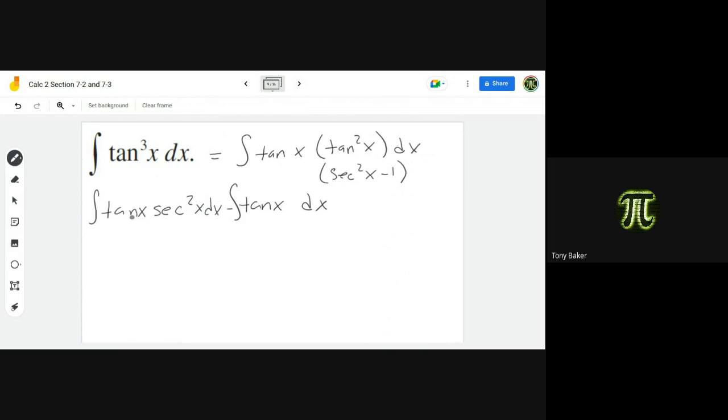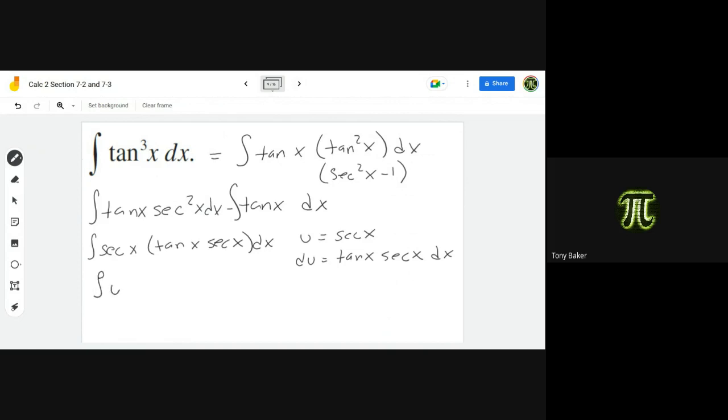All right, so is tangent odd or even? Odd. I don't have to split anything out of it. It's literally just tangent. But I do have to take one of my secants out. So I have secant x tangent x secant x dx. And if I make u equal to secant x, then du is tangent x secant x dx.